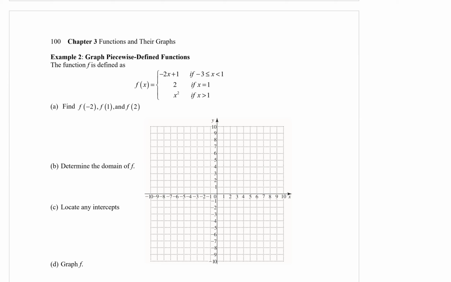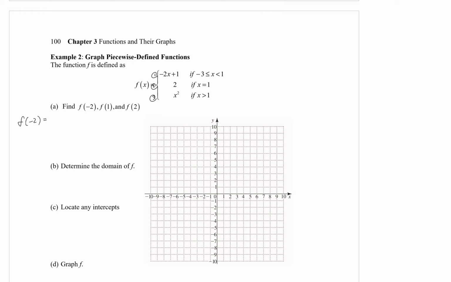So let's do A. Plug in -2. What is f of -2? Where can I plug in -2? There's 3 equations. Which equation can I use? Well, let's see. Can I use it in equation 3? We'll call this 3. No, because I can only plug in numbers bigger than 1 into that equation. I can't plug it into this middle equation because that's only when x equals 1, which doesn't happen to be there.